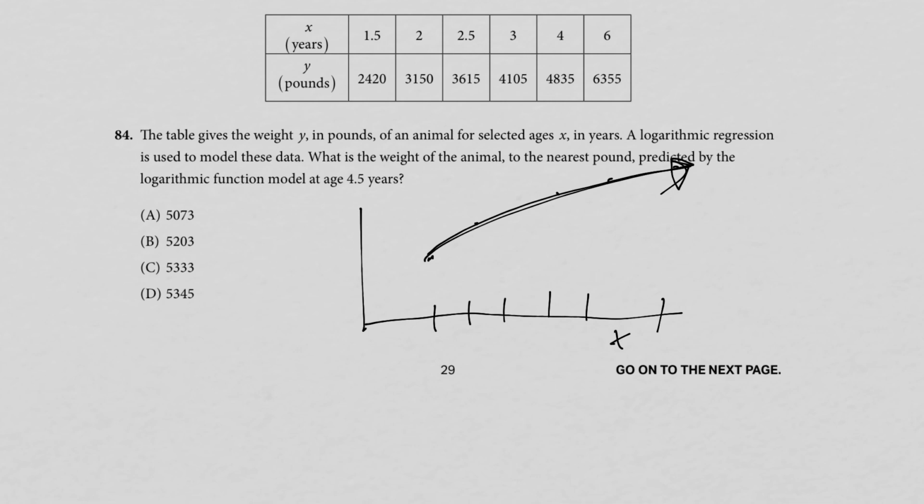To get the equation for it, you can get a logarithmic regression. The way you do that is you go into your calculator and you say stat, edit, and you type in, you can clear out the lists, clear enter on the top of lists 1 and 2 especially.